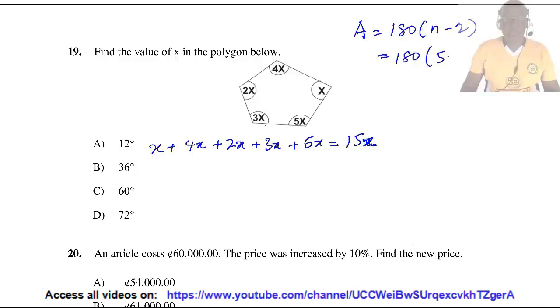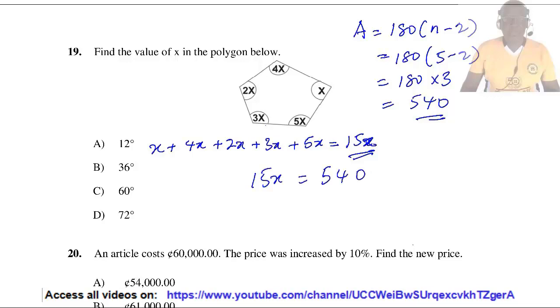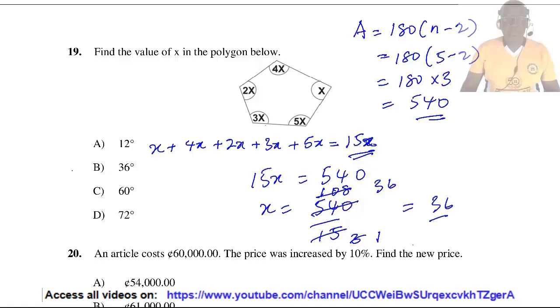So 5 minus 2, 180 times 3, which equals 540. So 15S equals 540. Therefore, S equals 540 divided by 15, which is 36. So the answer is 36 degrees. That is B.